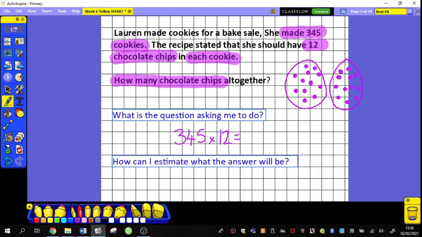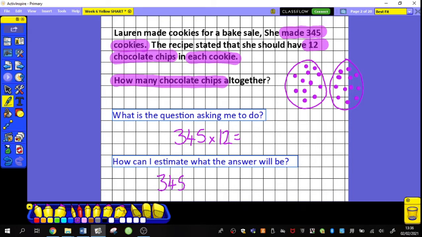Now first thing, before I go into my written method, I need to estimate to see if at the end I'm in the right sort of ballpark, if I'm going to be correct or not. So the best way to estimate is either going to round 345 to a nice easy number and multiply it by 12, or I'm going to round 12 to a nice easy number, multiply it by 345.